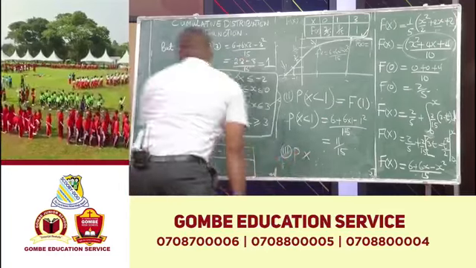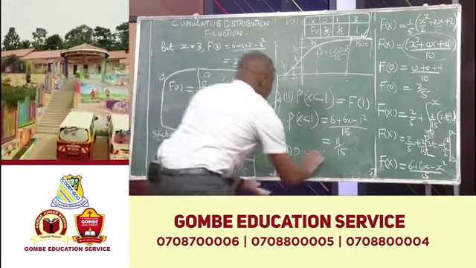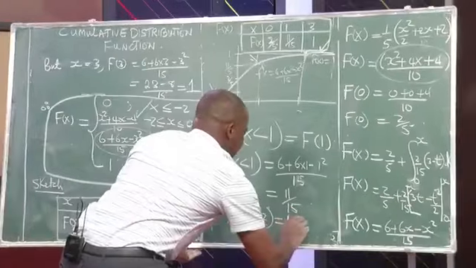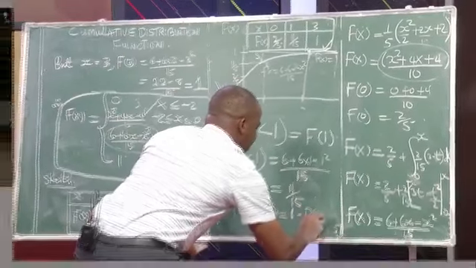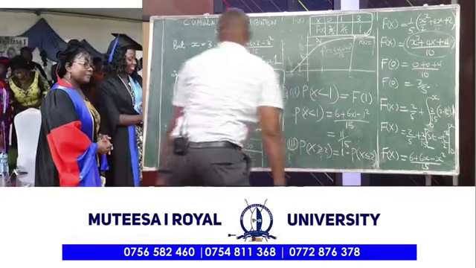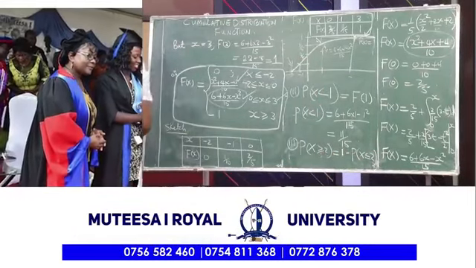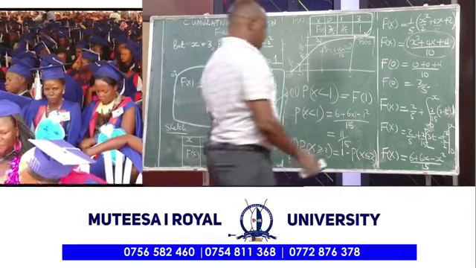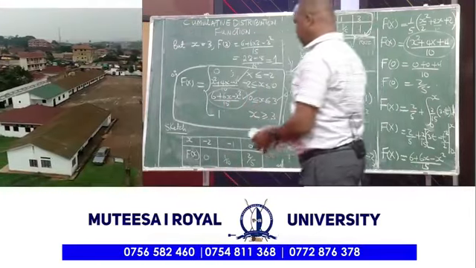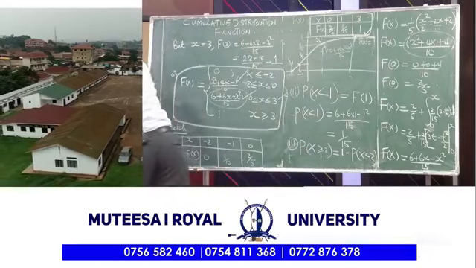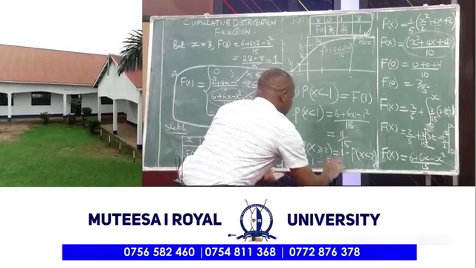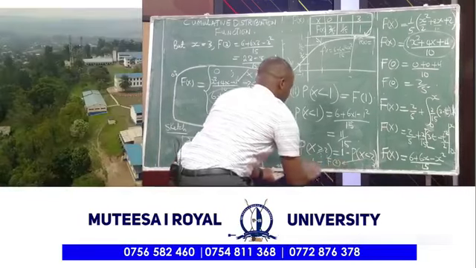P of X greater than 2 is the same as 1 minus P of X less or equal to 2. If it is greater, you subtract from 1, and this you have already got as 1 minus f of 2, because this is interpreted as f of 2.